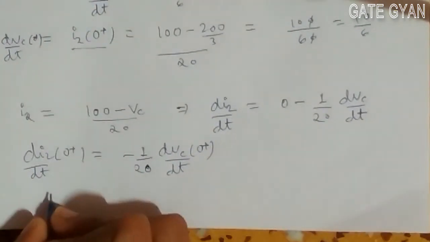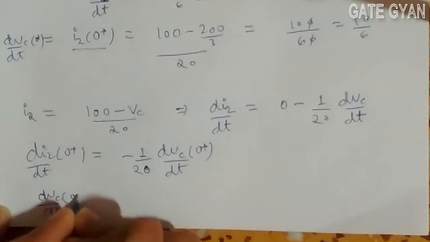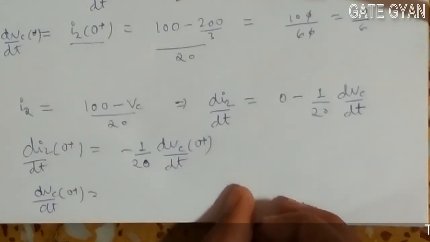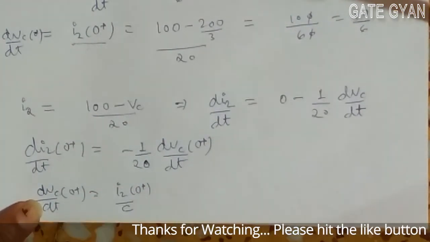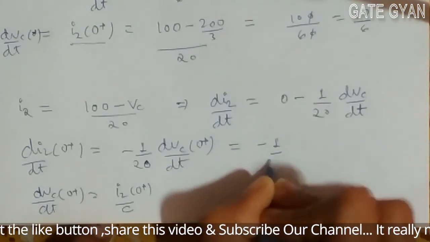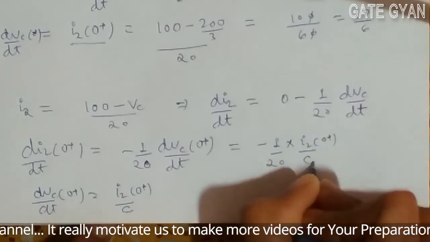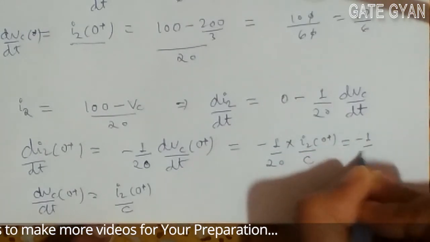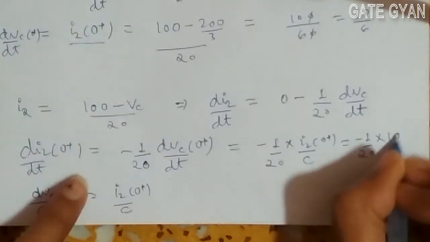So my dVC by dt of 0 plus is given by I2 of 0 plus by C. I will replace this value here, so it will look like minus 1 by 20 into I2 of 0 plus by C, which will be equal to minus 1 by 20.